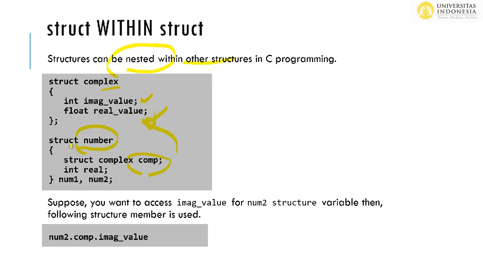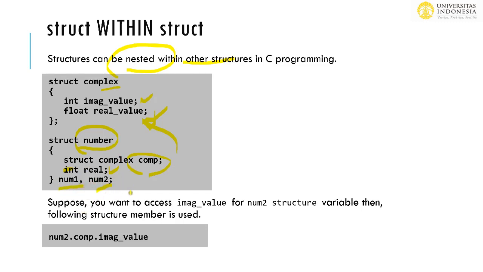So actually by defining this structure, you have three variables, right? The first one is the complex variable, containing two variables inside it, and the other one is the real variable, which is also an integer. Okay, and you can define all the variables you need to represent this number.